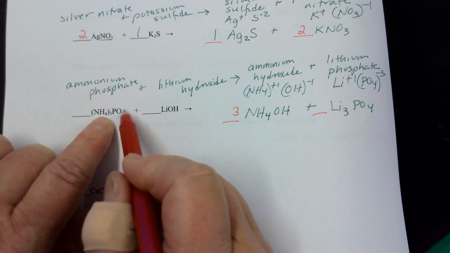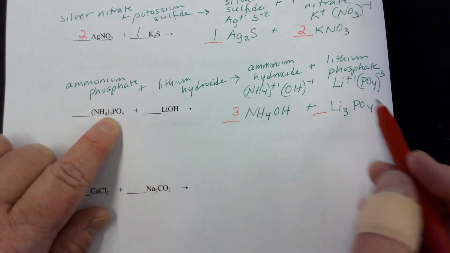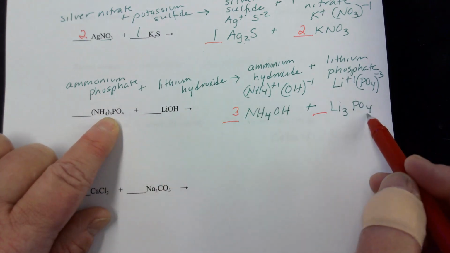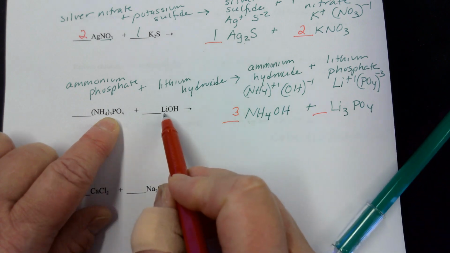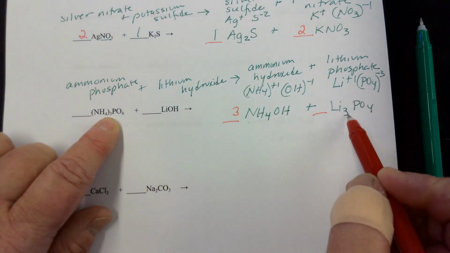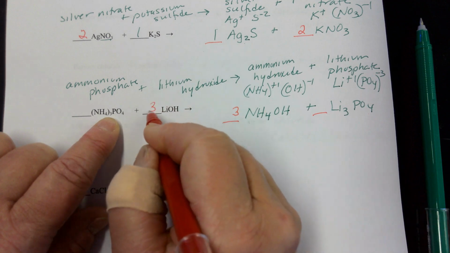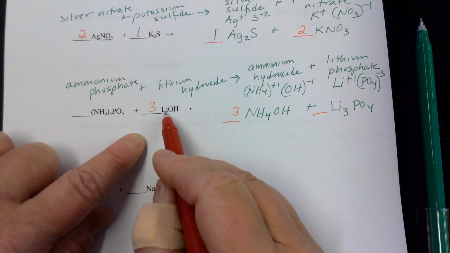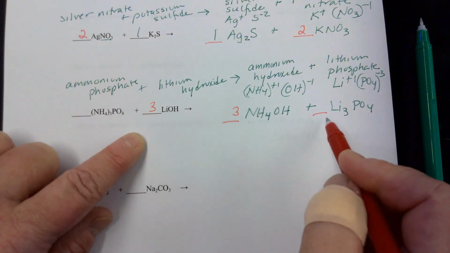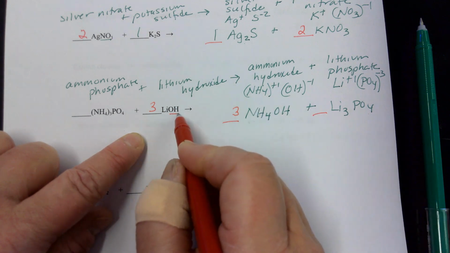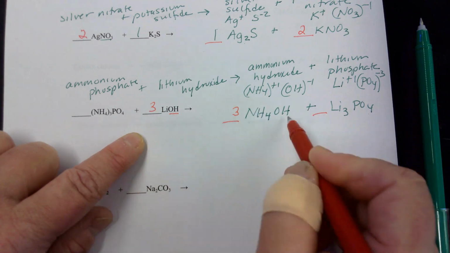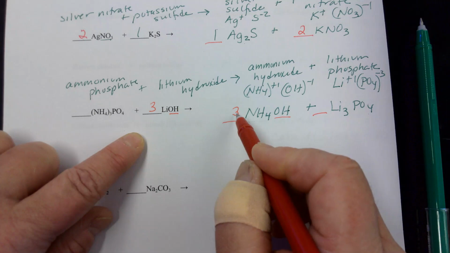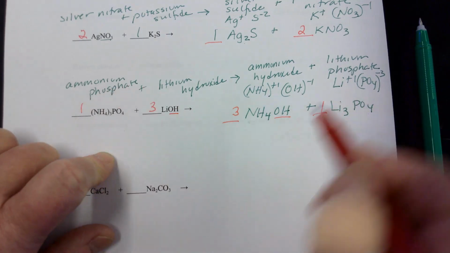I have 1 phosphate group, 1 phosphate group, 1 lithium, 3 lithiums. I'm going to put a 3 in front of the LiOH. That'll make my lithiums work. That's going to give me 3 hydroxides, but I have 3 hydroxides over here. So this equation is now balanced.